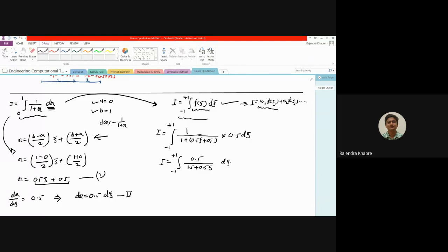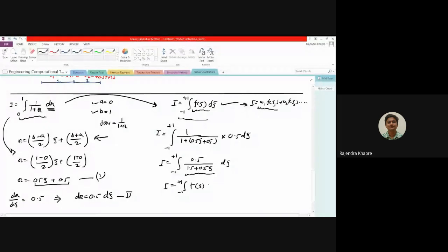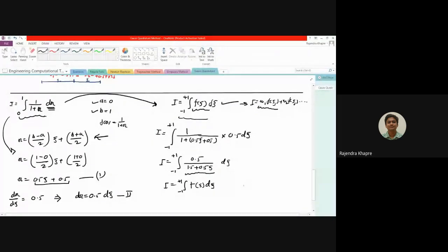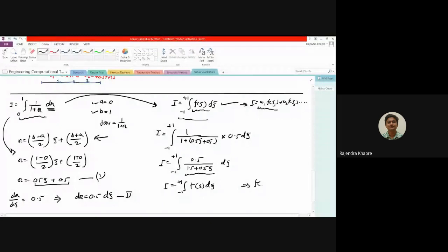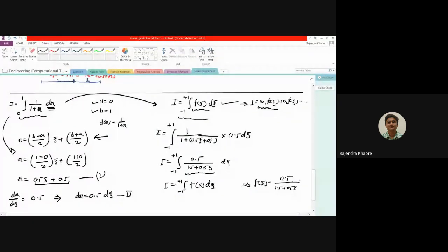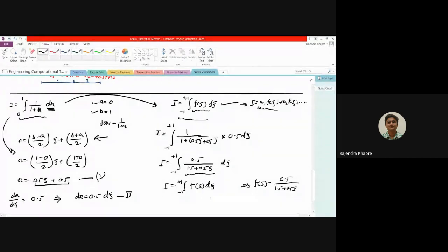Yes, sir. So now I is nothing but the integral from -1 to +1 of f of xi into d xi. Now what is your f of xi? It is 0.5 divided by 1.5 plus 0.5 into xi. Okay, so now you see we already know the solution of this.